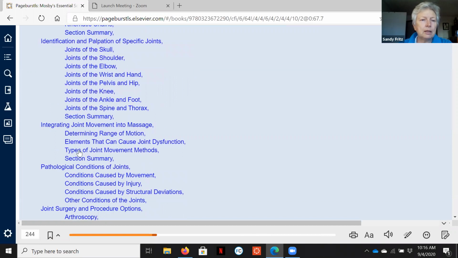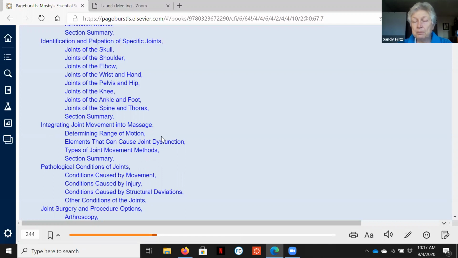And then we talk a little bit about how this is going to become integrated into massage therapy in terms of range of motion and how we use various types of joint targeting methods in our massage.